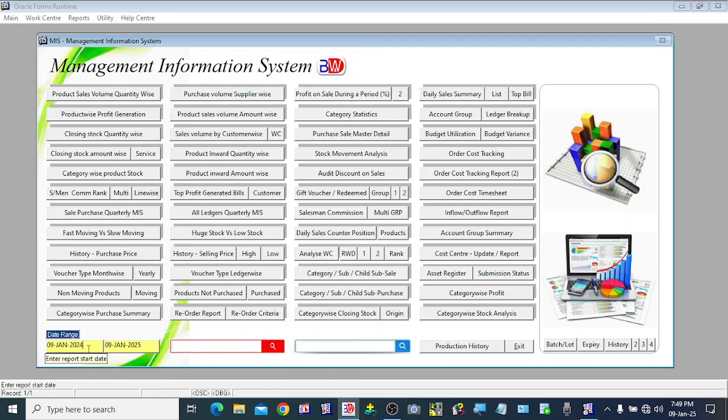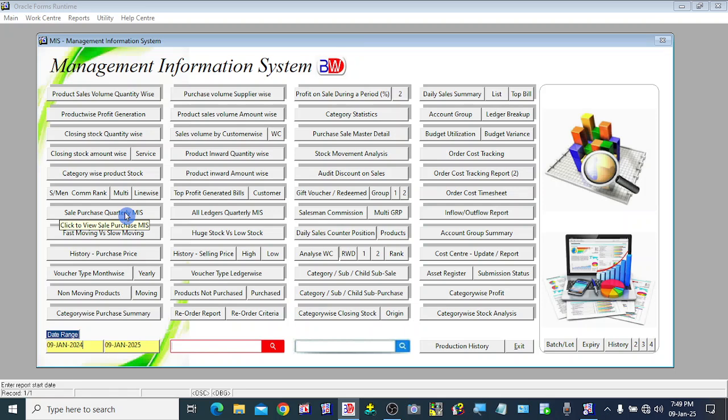Similarly, at the end of each month, if you want to generate a report of salesman commission, how many salesmen are registered in our salesman register, and out of that how much amount is earned by different salesmen, that information we can generate by entering the date range and clicking this salesman commission multi, which means multiple salesmen in a single sales bill as well as a single salesman in a single bill.